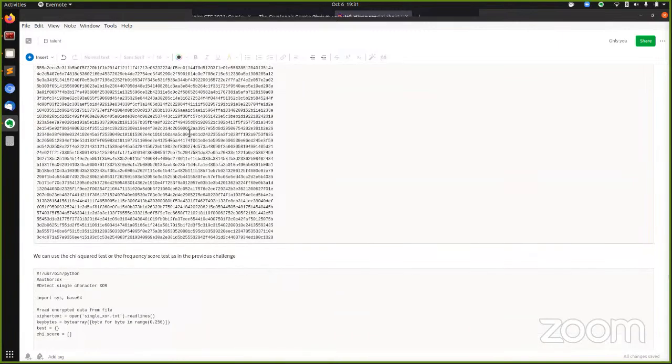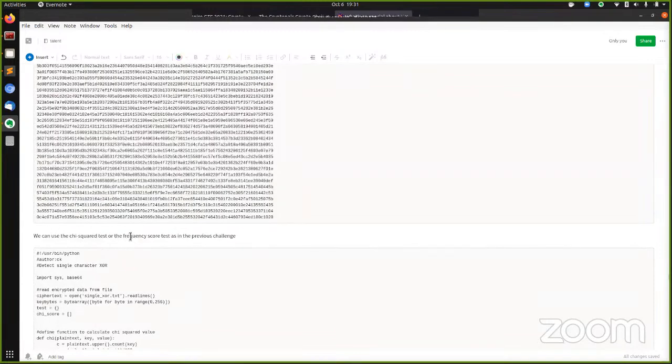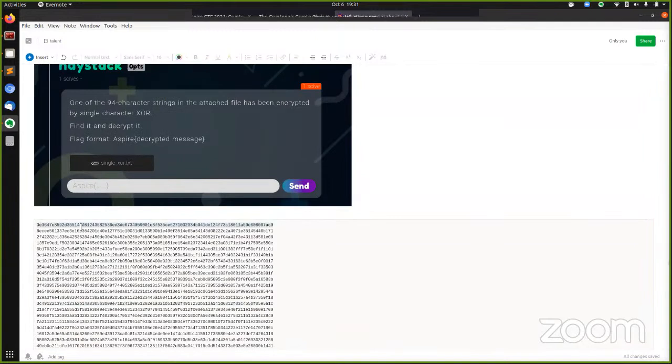In this case, we can still use both the chi-squared test or the frequency score test as in the previous challenge. But what we are going to do is start with one line. We pick one line, then solve it as if it was the correct line we are supposed to decrypt.